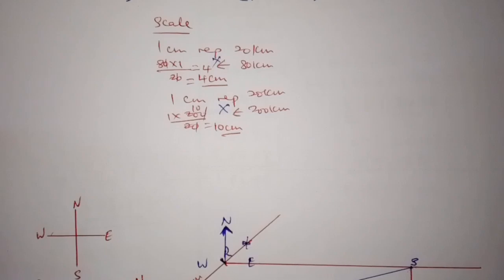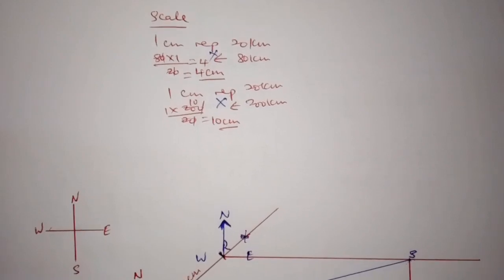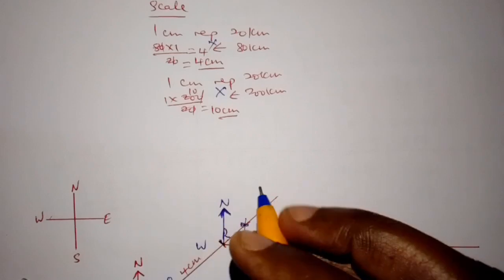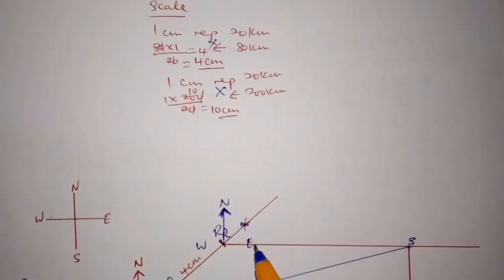Town S is due east of R. So this is R here, and town S is due east of R. It means that this is east, so the east of R is this side. Town S is on this side here.